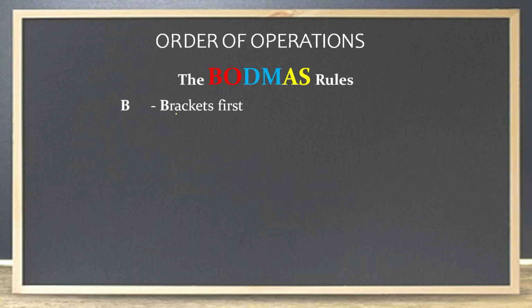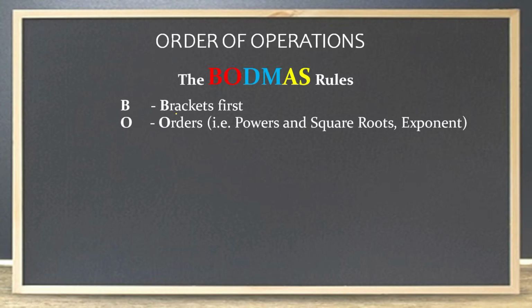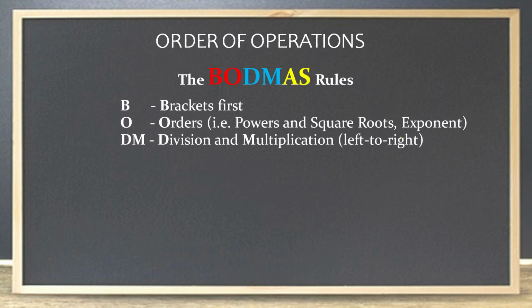Then after that, you go to the order. The order is actually the powers or the square roots or the exponent in general. So you perform exponent next. Then after that, you go to DM. DM is division and multiplication. Division and multiplication are of the same level. So you can either perform division or multiplication first, but you must begin from the left to the right.